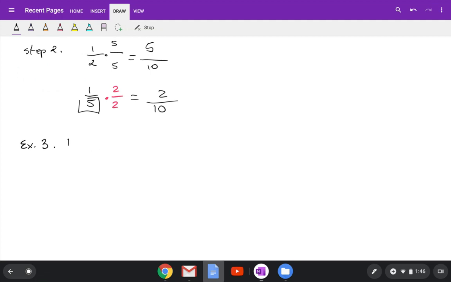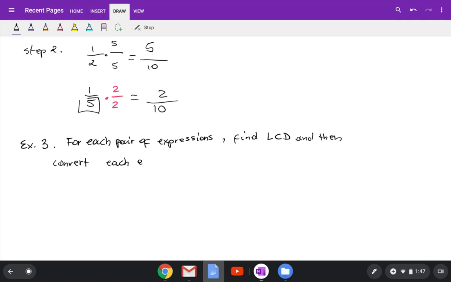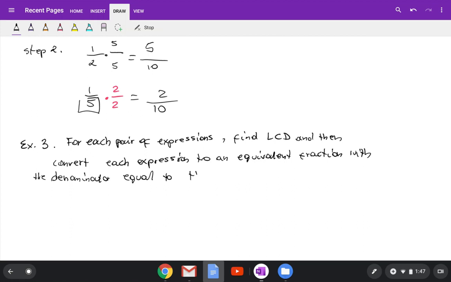Okay. For each pair of expressions, find the least common denominator and then convert each expression to an equivalent fraction with a denominator equal to the LCD.